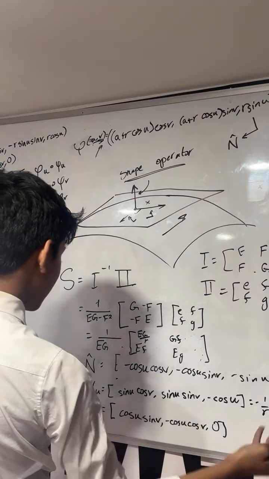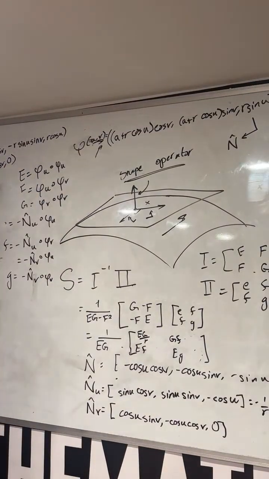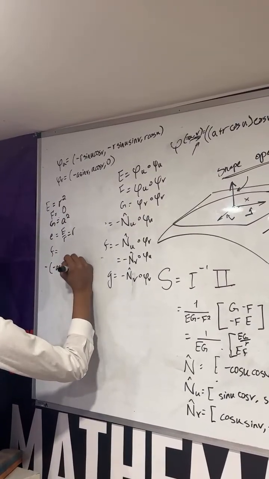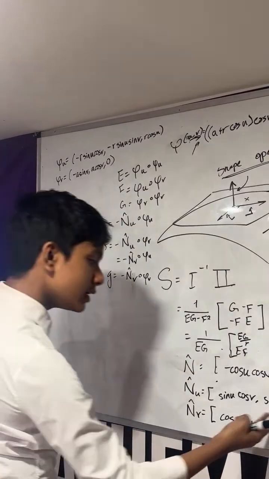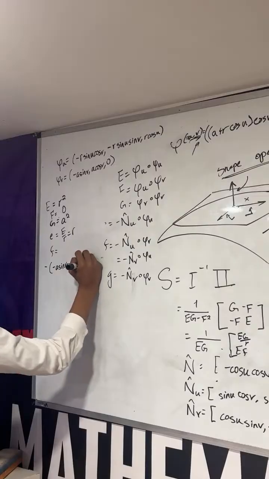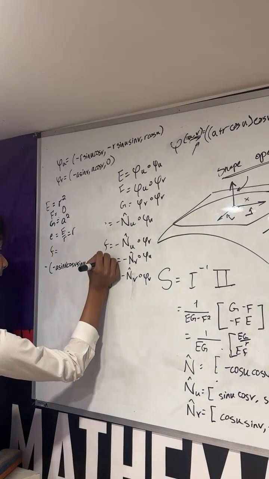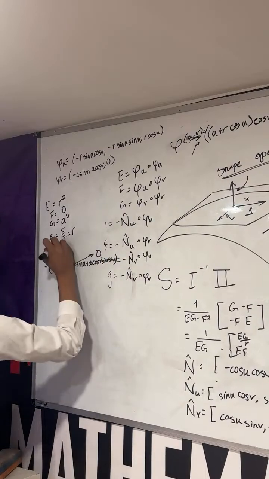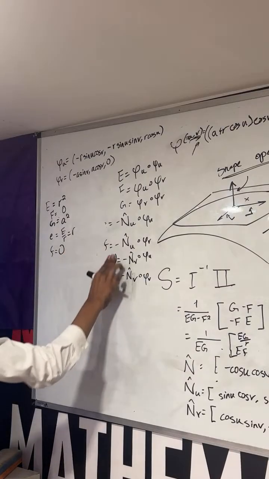Dotting that with this gives minus a sine v, sine u cosine v. Then a cosine v dot sine u sine v. Hey, wait a second, this is 0 again. Little f meets the same fate as its older brother.